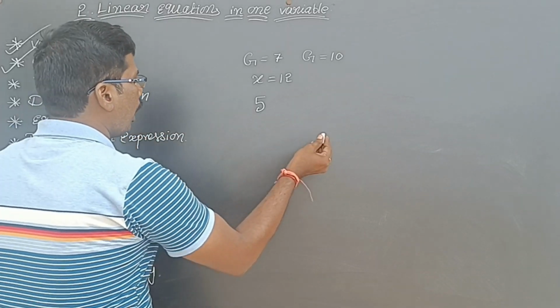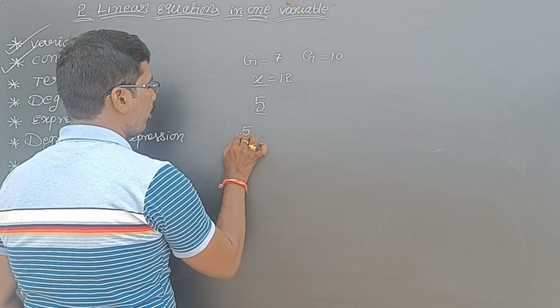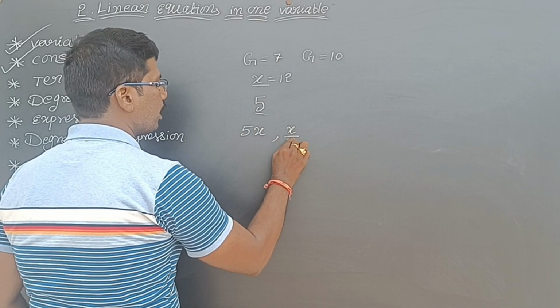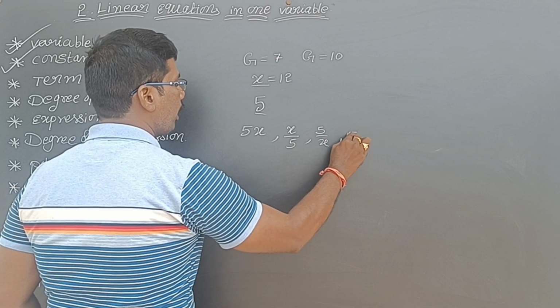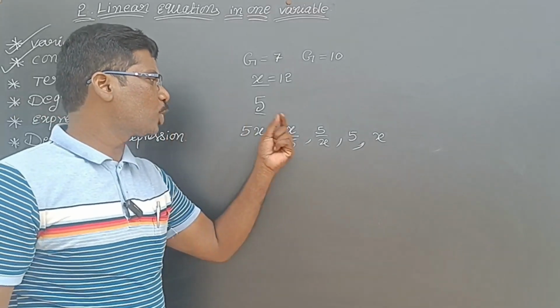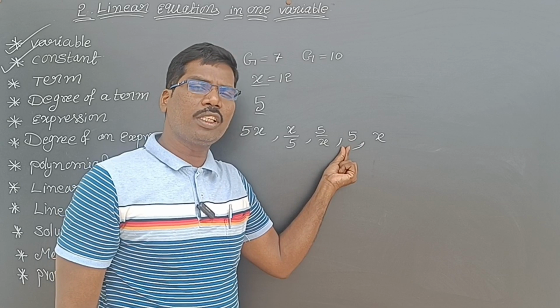For example, I am taking this 5 and this x. So 5x is a term. x by 5 is a term, 5 by x is a term, 5 only is a term, or x only is a term. Variable only is a term, constant only is a term.